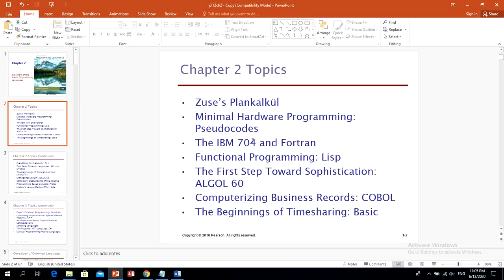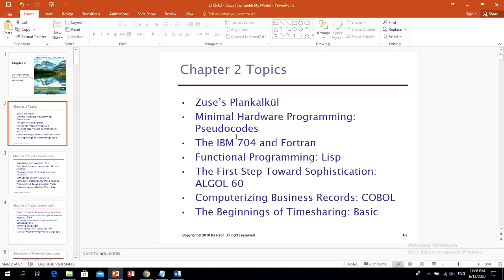Then we're gonna go towards the first step towards sophistication, in which we're gonna talk about ALGOL. ALGOL has a lot of versions, so we're gonna go briefly over some of these versions from 1958 to 1968. Then the computerizing of business records, which is the COBOL programming language, which is specialized for business.